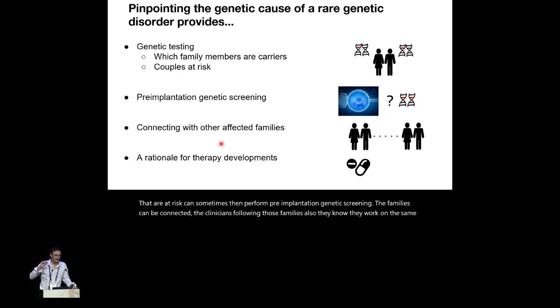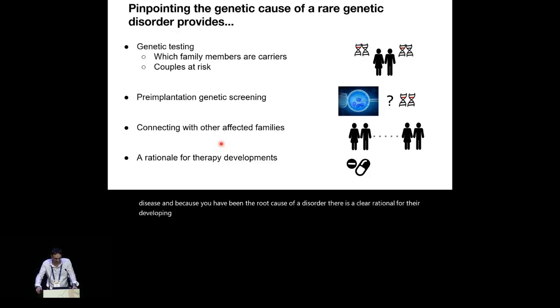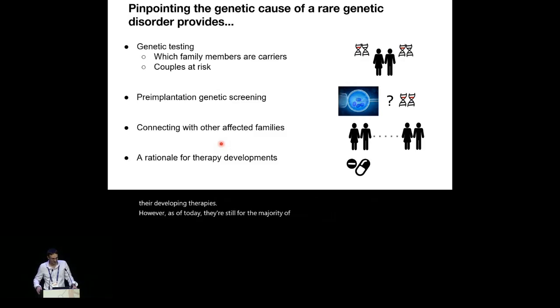And because you have then the root cause of the disorder, there is a clear rationale for developing therapies. However, as of today, for the majority of individuals that undergo whole genome sequencing and are suspected to be affected by a Mendelian disorder, the causal variant is not identified.